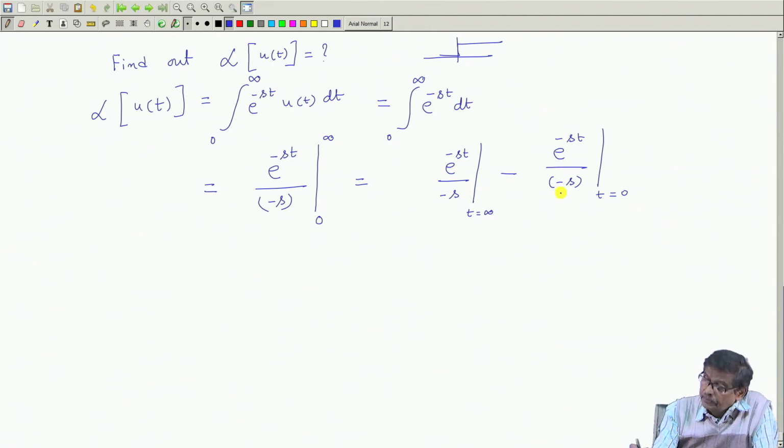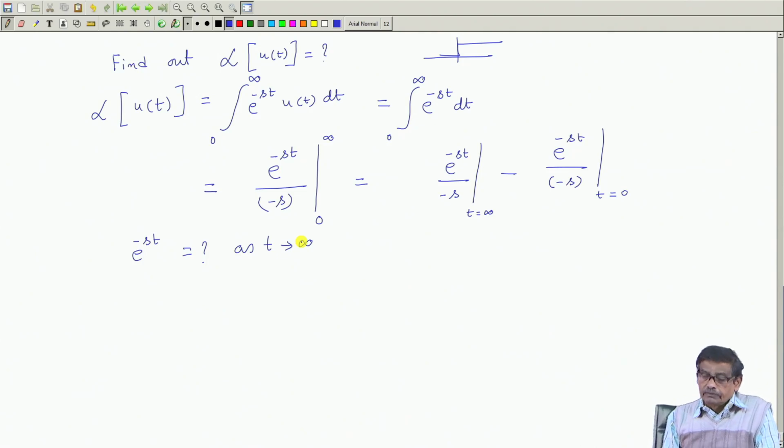Is not. So, I have to find out these values. Now look at this first term e to the power minus s t. What does it do? What is it as t tends to positive infinity? That is what we have been asked to calculate.